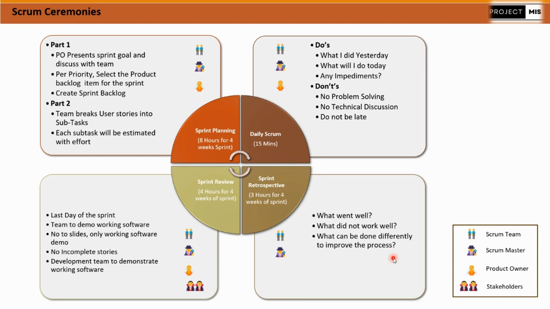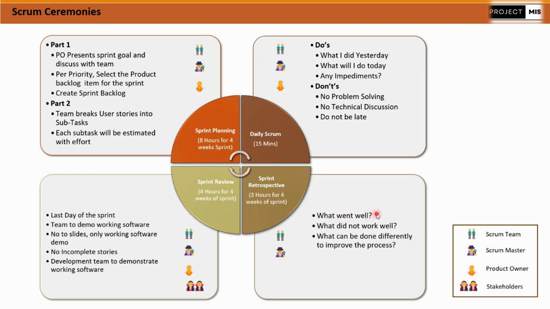Now, what is the objective of sprint retrospective? The overall objective is to introspect our own work, and from that work discuss with each other and figure out a better way of doing things. That is the ultimate objective of sprint retrospective. And to make it structured, we have to discuss these points one by one among the group.